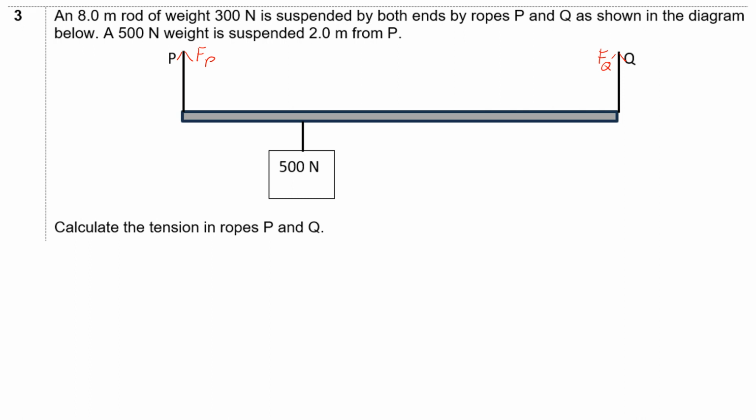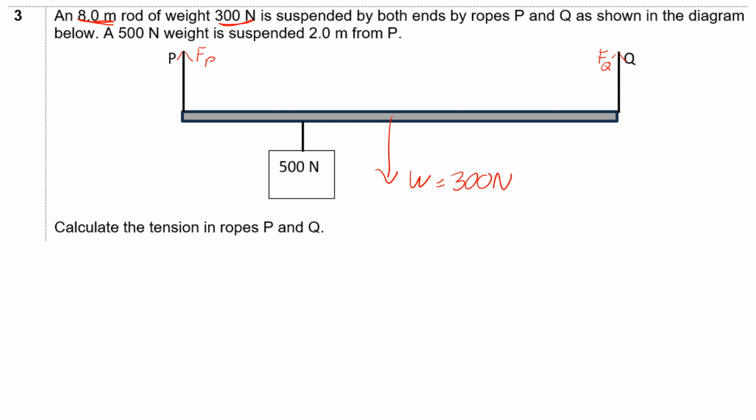Additionally, it also says that it has a weight of 300 newtons. Now, where does this 300 newtons go? It's 8.0 meters long, and we know that the center of gravity should be in the middle. So let's just draw a weight here, W equals 300 newtons.